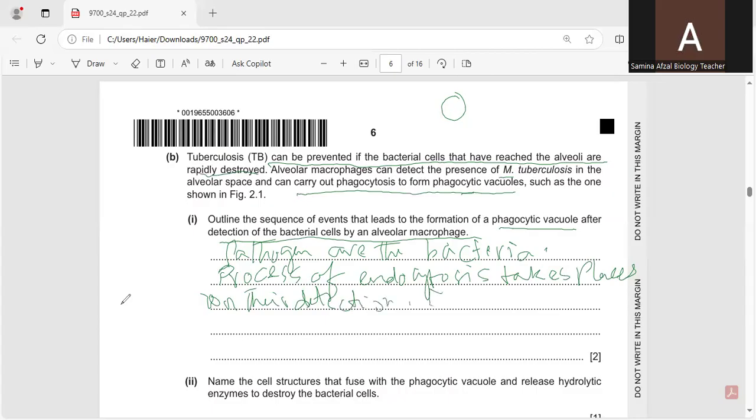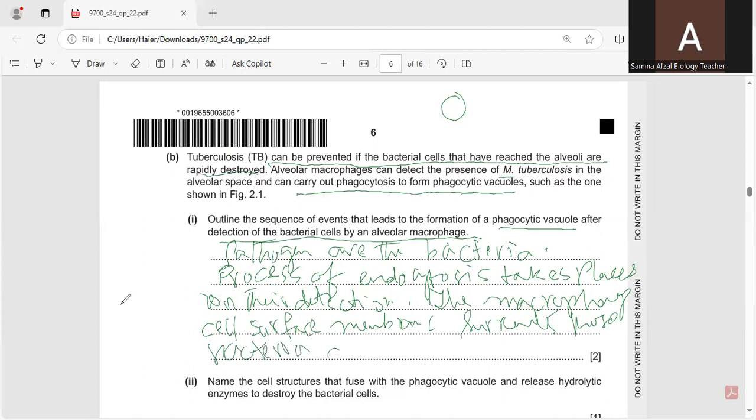The macrophage cell surface membrane surrounds those bacteria and captures them inside.